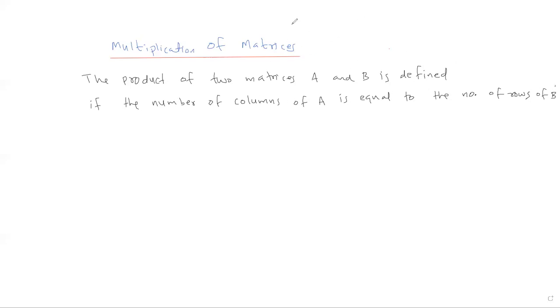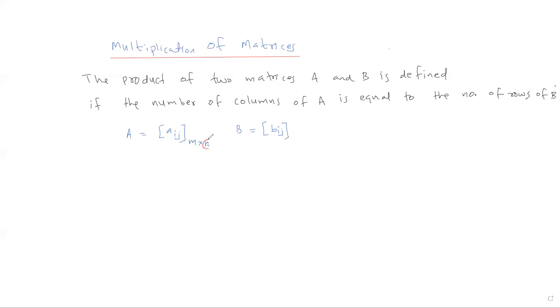So for example, suppose your matrix A, general notation Aij, is of order m by n; it can be of any order. Then B is a matrix, say with notation Bij.